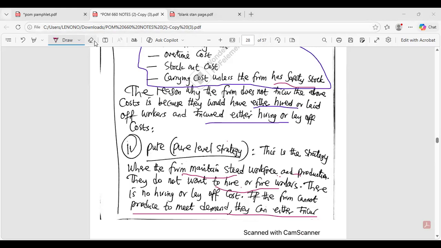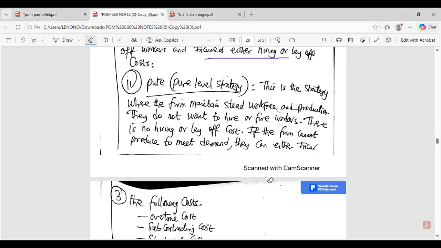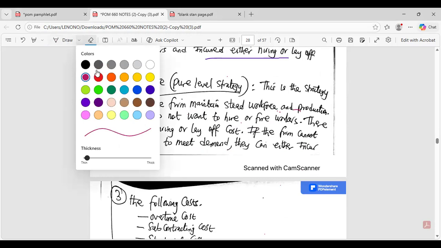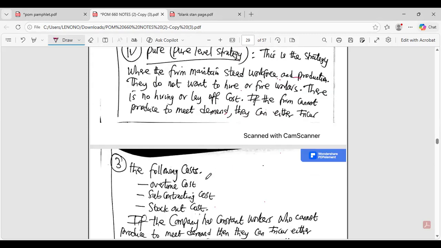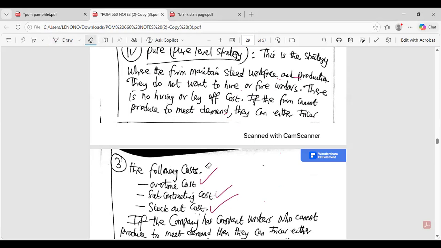Subcontract. So let's come here under pure level strategy. We said if the firm's workforce cannot produce to meet demand, then they do not want to hire and fire under our pure level strategy. They have maintained workforce. So what can we do? They can allow overtime, they can subcontract, or incur the cost of losing business, which is the stock out cost, right?